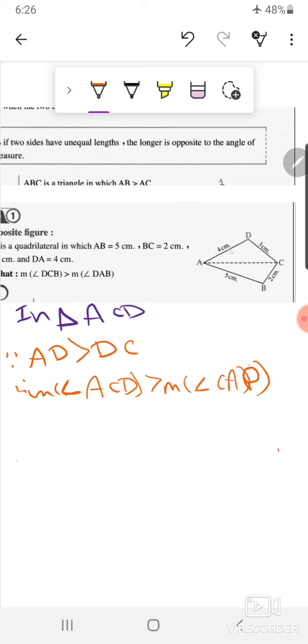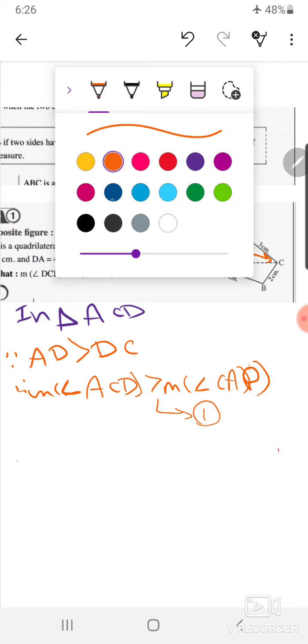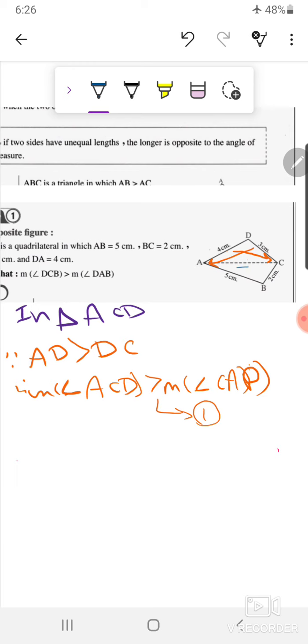The opposite of 4 is measure angle DCA, and the opposite of the side 3 is DAC. So the greater side gives the greater measure. Understand till now? I will call this number 1. Then I will talk about the other triangle, ABC. Which side is greater, 5 or 2? Of course, 5 is greater than 2.